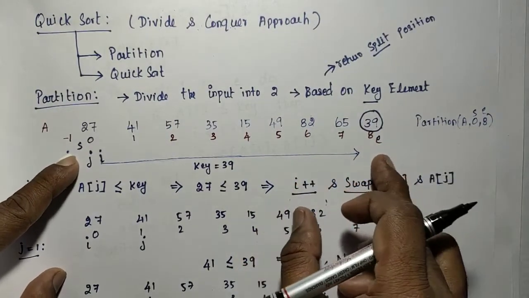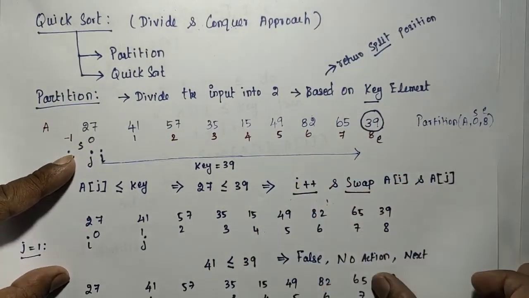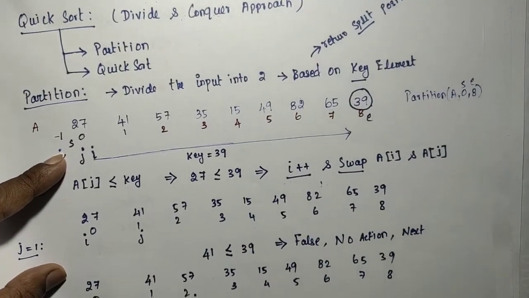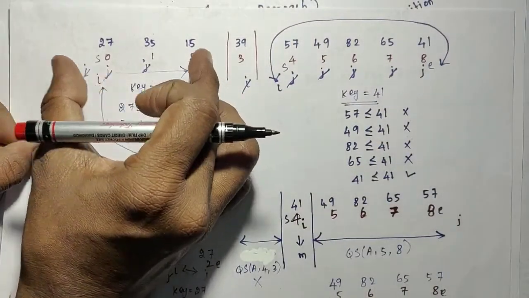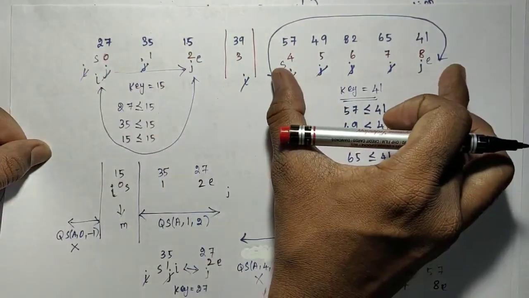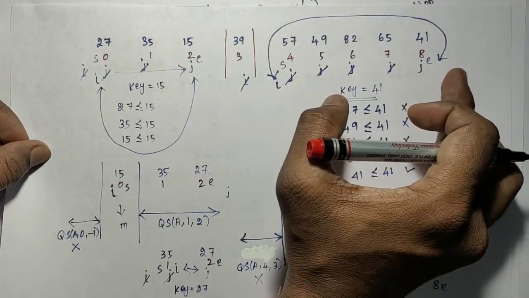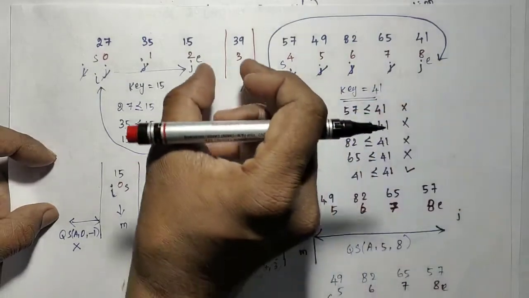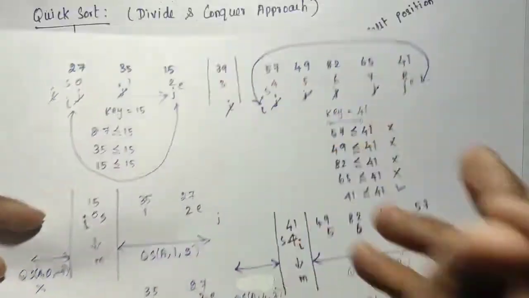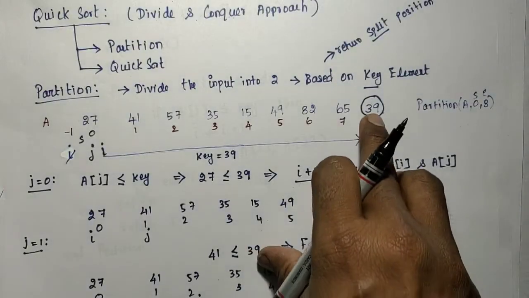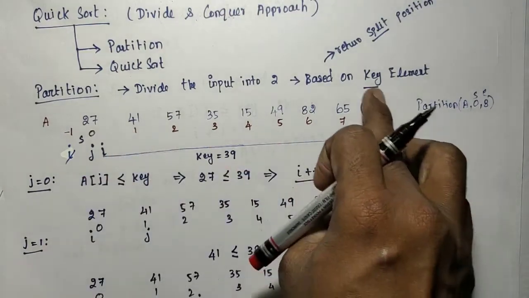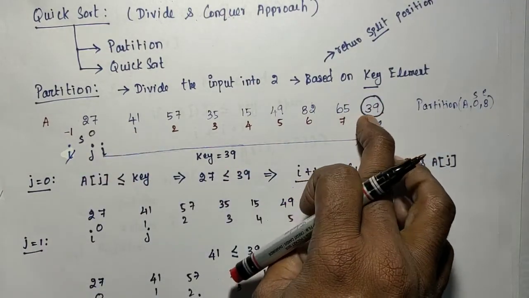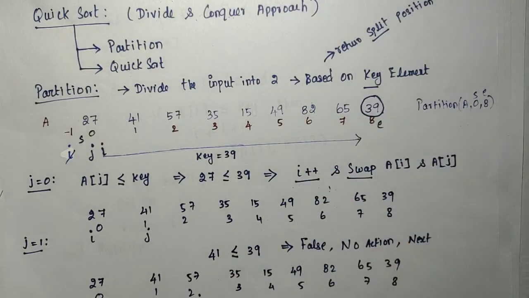After calling the partition, the input is divided like this: 3 elements in the first one and 5 elements in the second one. Because here the split is based on the key element which you have chosen. Which element did you choose here? The last element, whose value is 39. Based on the value of the key element, the partition is occurring.